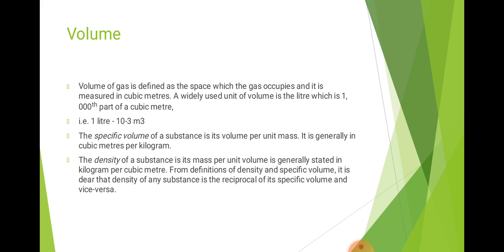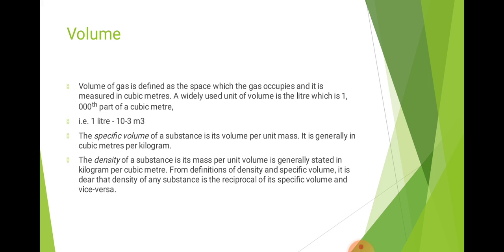Density using the formula is 1 divided by 11, and the answer is 0.09 kg per meter cube. Now you can understand the volume, the specific volume and the density terms and their correlation.